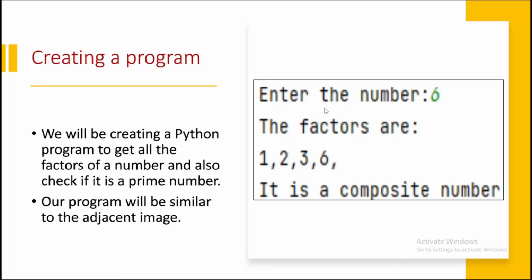We'll be creating our own function that gives all the factors of a given number, and then we'll create another function that checks if the number is prime or not, and store the result as a boolean value. If it is prime, we'll say it is prime. If it's not, we'll say it is a composite number.